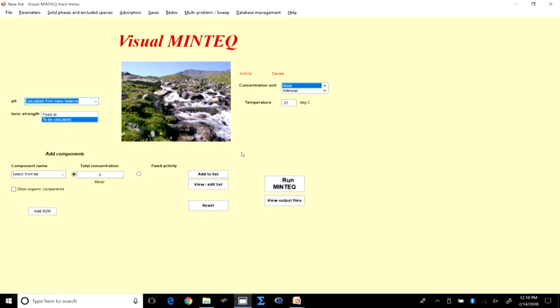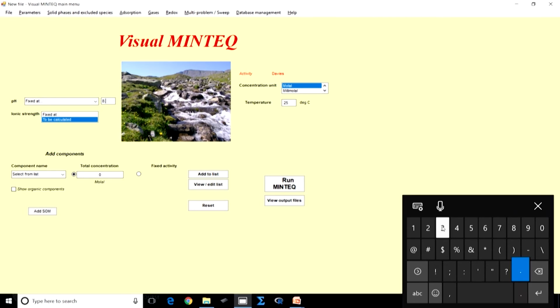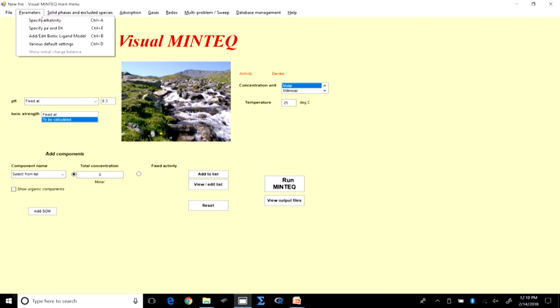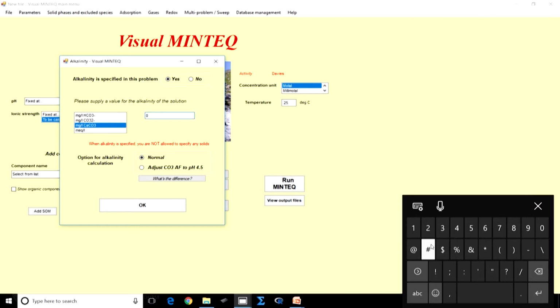So first I need to plug in the pH, and that was 8.3, right, 8.3, and then I need to specify alkalinity parameters and alkalinity, and where is that here? It was milligram per liter as CaCO3, and it was 150 if I am not wrong, 150, right.